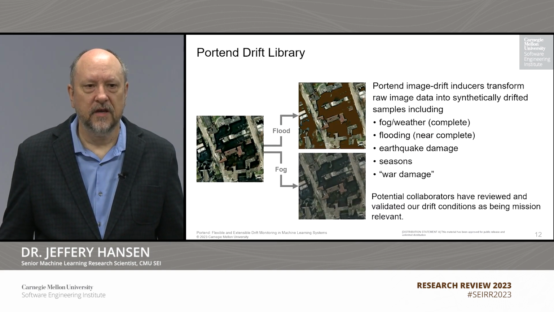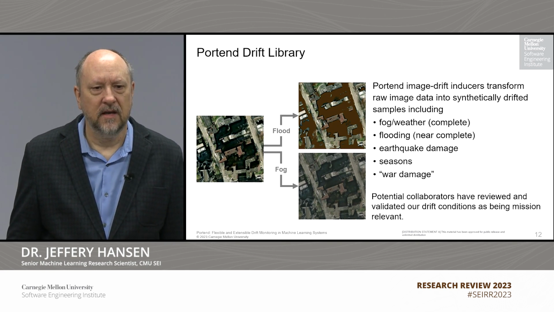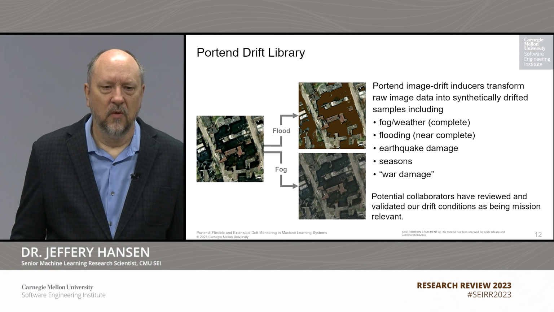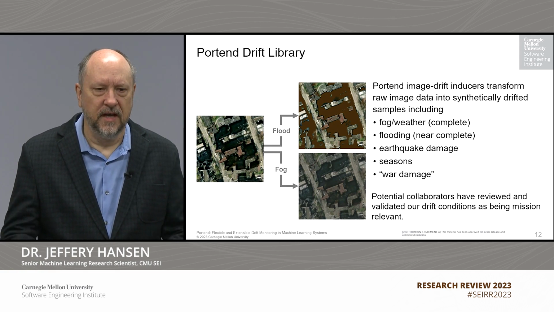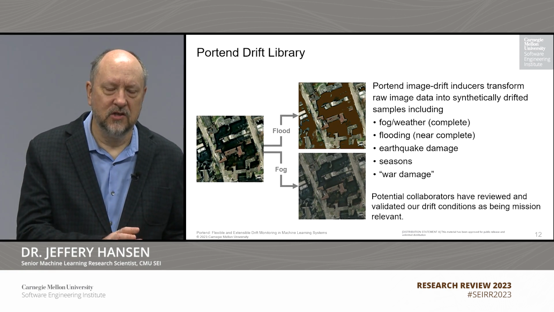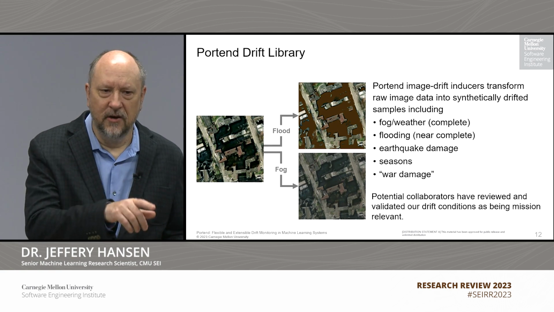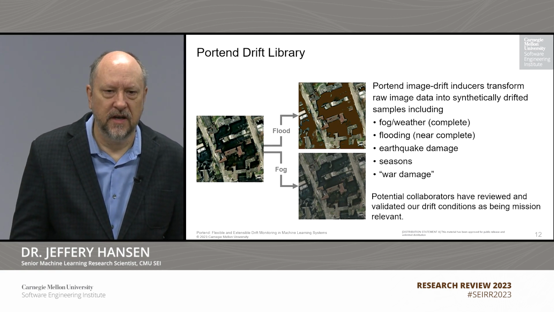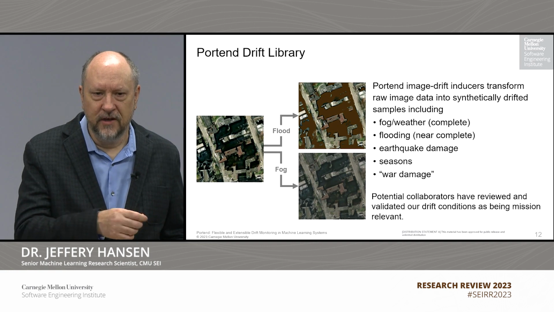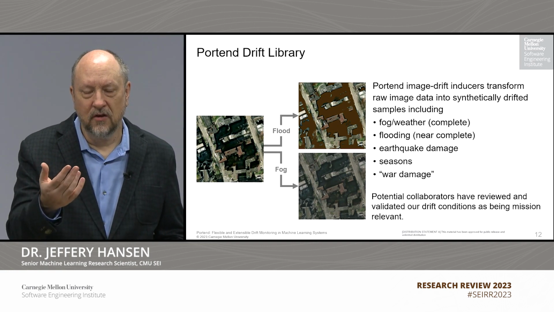Okay, so this is a look at the drift library for image data. What the inducer does is take, say, an input image of an aerial view of a city area. If I apply the flood inducer, it will make that look like it's flooded.